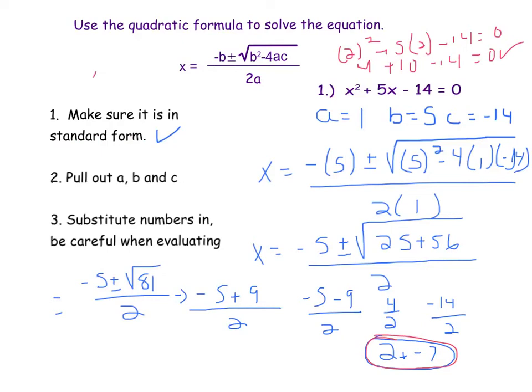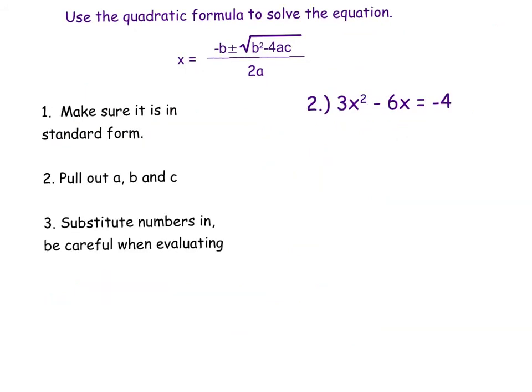And then if I drop in my other answer, negative 7, 49 minus 35 minus 14 also equals 0. So we know that these 2 answers are both accurate.